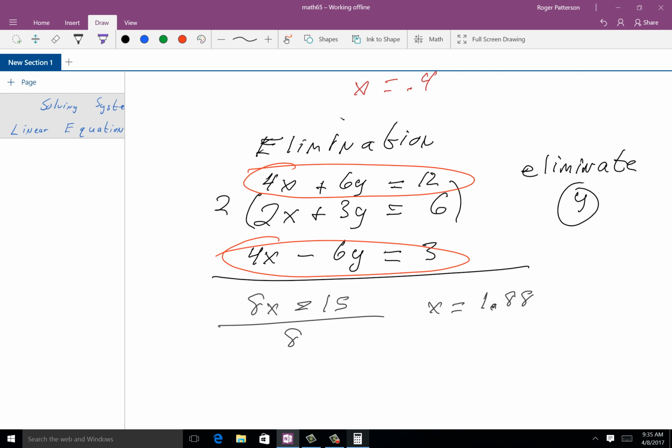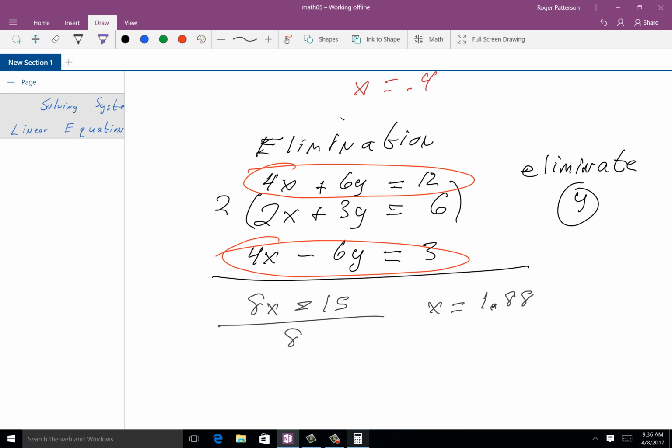So much simpler than substitution, where I had to do some solving and put it back in and do some algebra to get it. I got an answer right now. I didn't have to do a whole lot of work. The problem is I still got to find that y, okay, and it's not as easy to substitute it back in and get it, okay. But I do have 3 equations I can choose from. I can put this into any one of these equations because it doesn't make any difference.